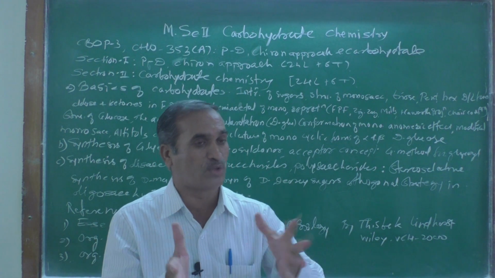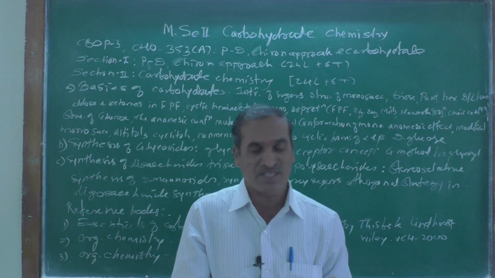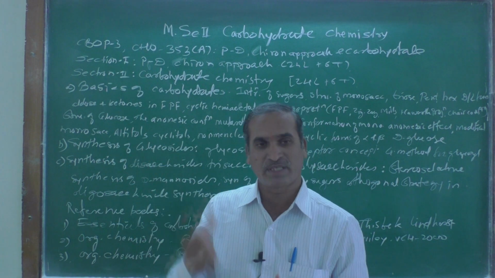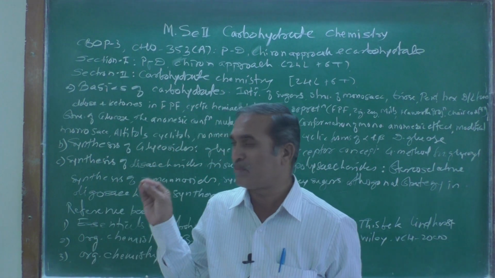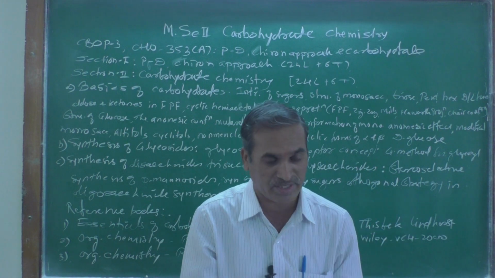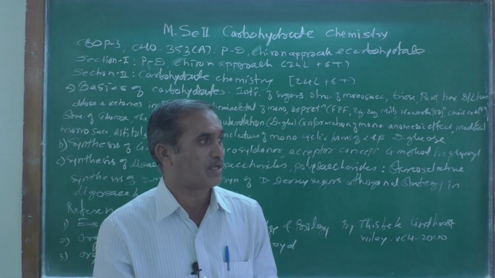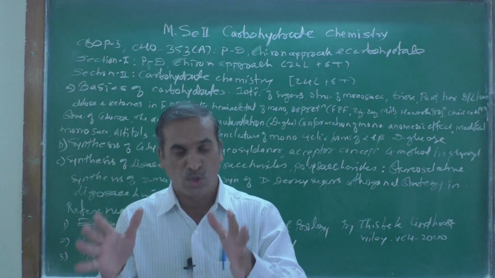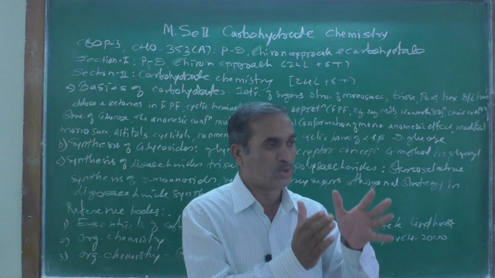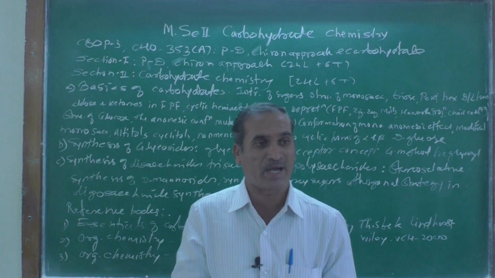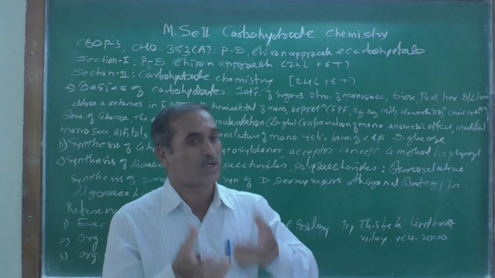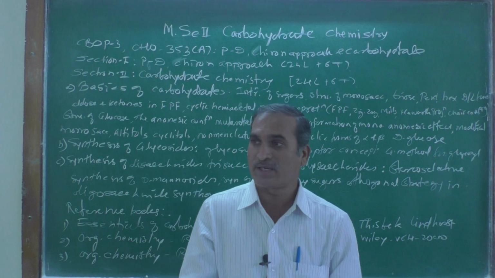carbohydrates? Where is that carbohydrate present, and how is it generated? We know that all the green plants contain carbohydrates, and how it is stored, how all the plants are constituents of carbohydrate.